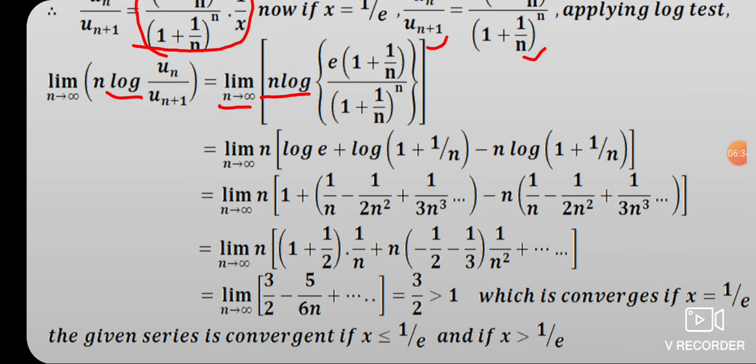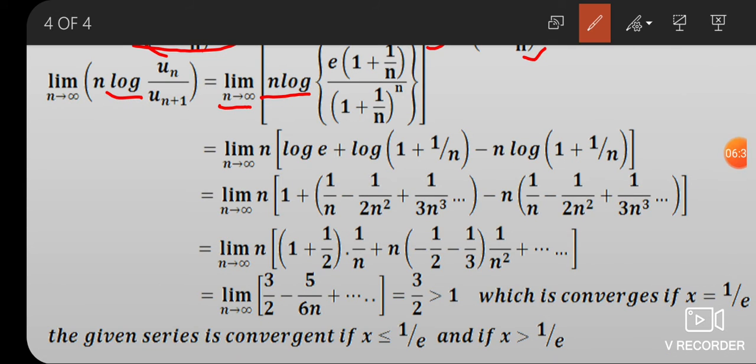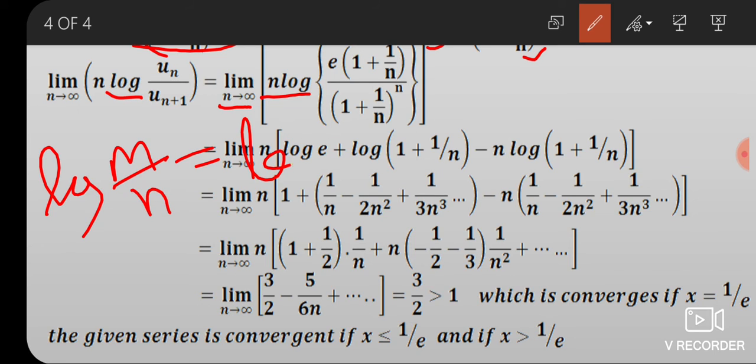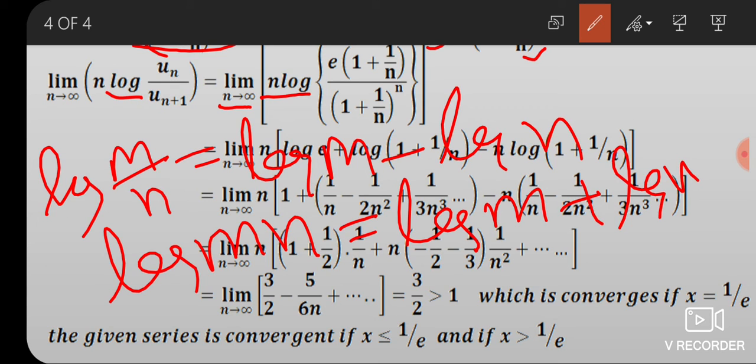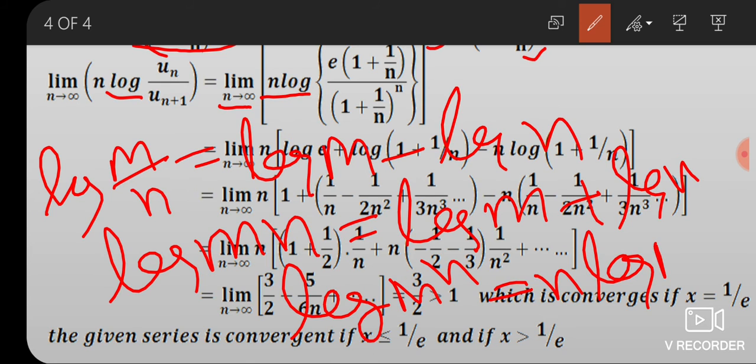For this we know that log m upon n equals log m minus log n, log mn equals log m plus log n, and log m to the power n equals n log m.